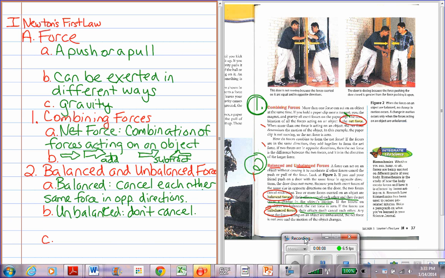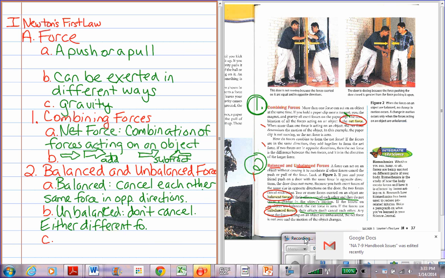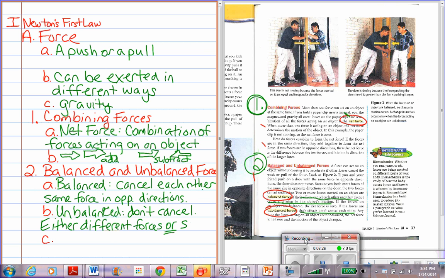Okay, so either different numbers, forces, or opposite directions or same direction.